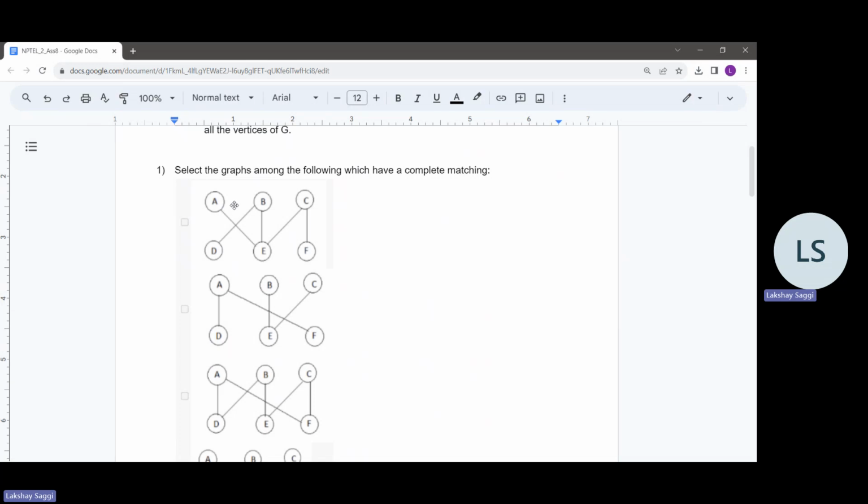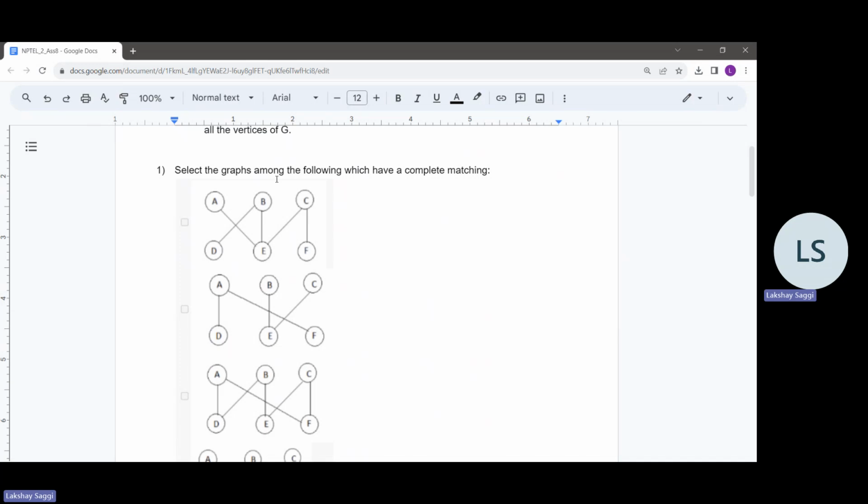So just to decide whether the graph has a complete matching, one way to surely know is just to output that matching, one matching which covers all the vertices.